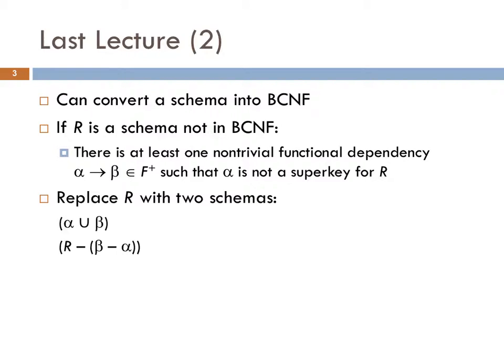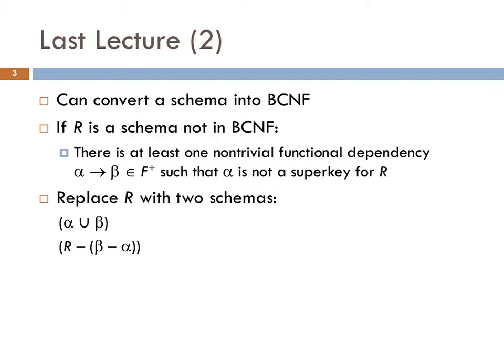So we replaced R with two schemas, and we wrote it this slightly weird way, alpha union beta. That's fine. Typically, if this is a minimal functional dependency, meaning that it doesn't have any extra attributes that don't add any meaning, we could in fact get rid of them. We'll talk about that very briefly today. Then alpha union beta together means that alpha can be a key.